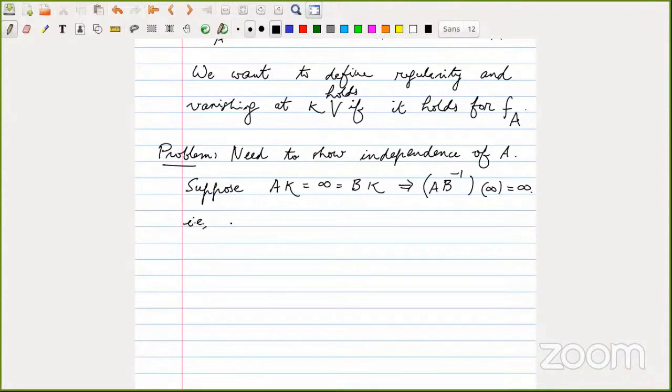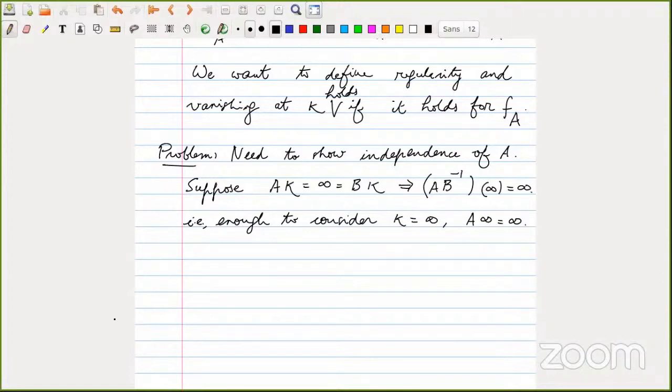Not without loss of generality, but it's enough to consider kappa equal to infinity and A infinity equal to infinity.